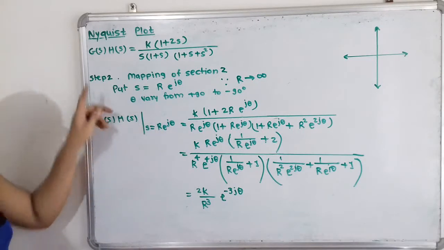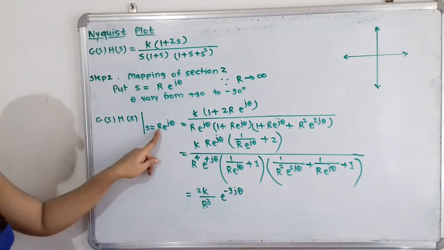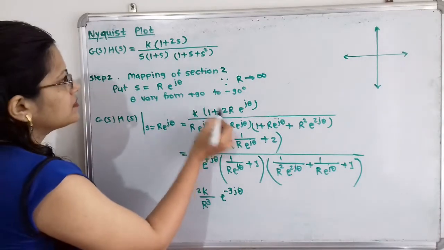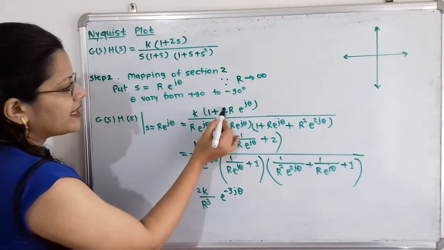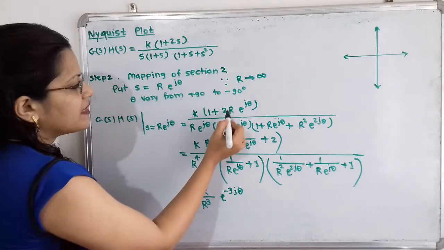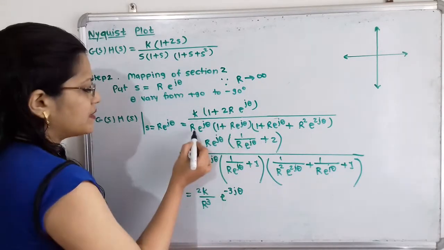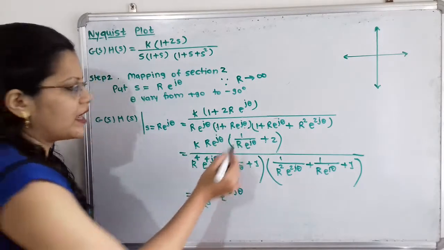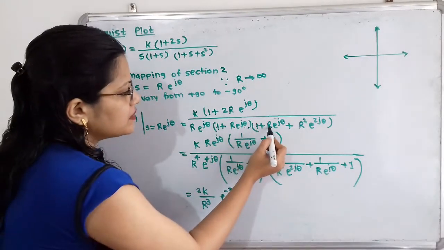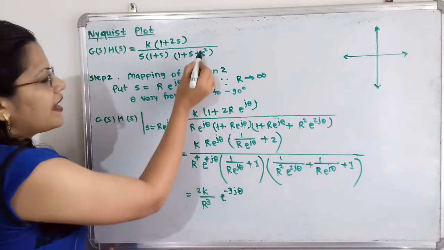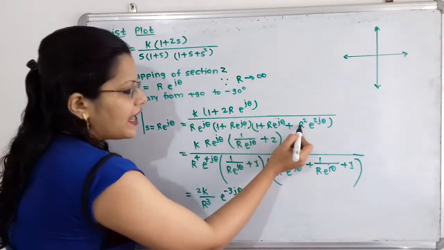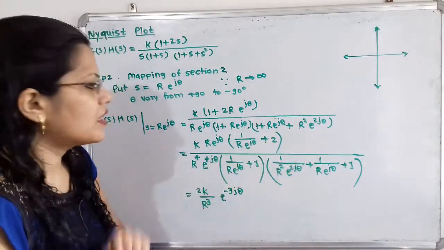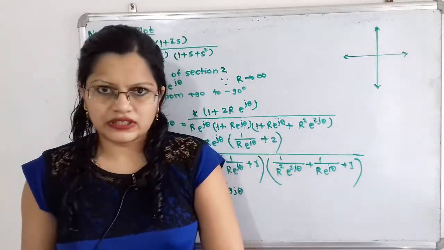Now when we put G(s)H(s) at s equal to R e raised to j theta, then K divided by s, that is R e raised to j theta, into bracket 1 plus R e raised to j theta, into second bracket 1 plus R e raised to j theta, and for this s square we will write R square e raised to 2j theta. So this is a very important term, that is e raised to 2j theta.